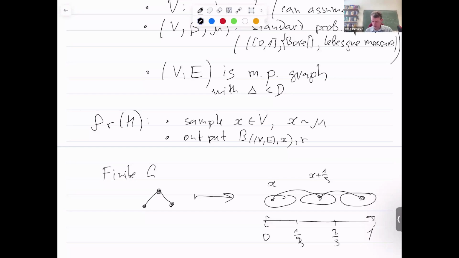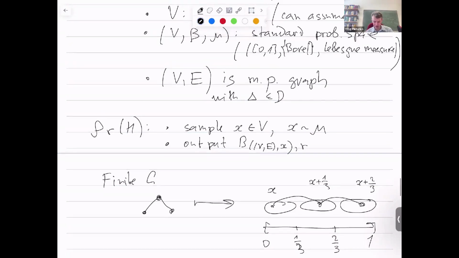So between every 2 parts, I would have a matching, and then it's connected. And for example, if I pick a random point here, it's equally likely to be in any of these three parts, and what I see is just this path of length 2, which is exactly what I would see in the finite graph. So if I have a finite graph G, I can represent it as a graphing.